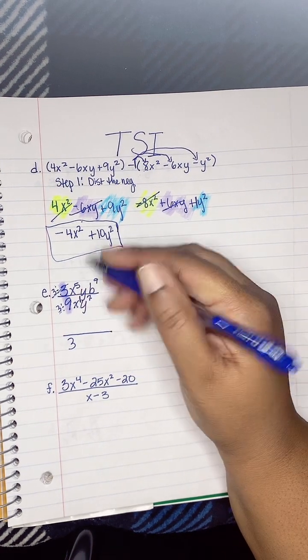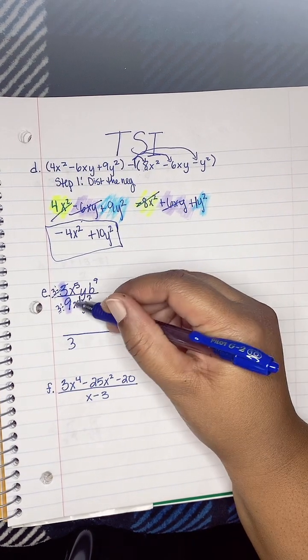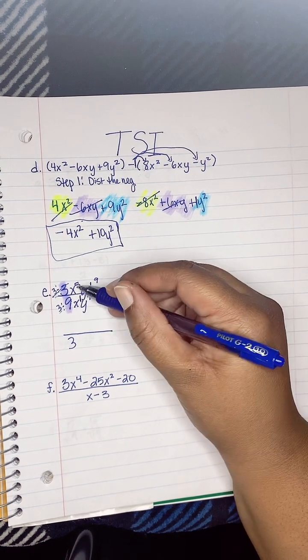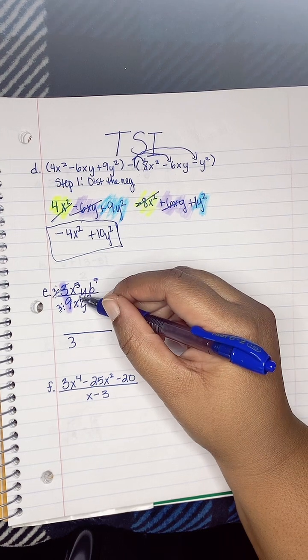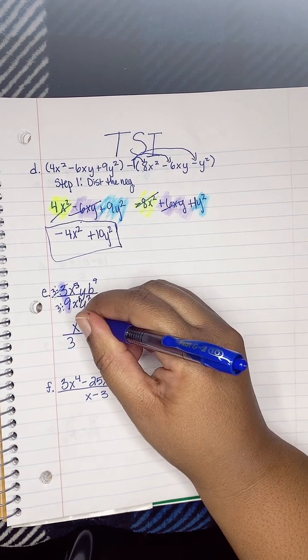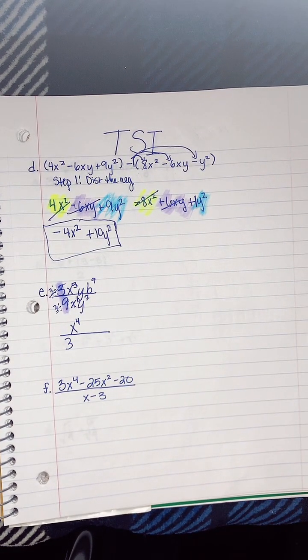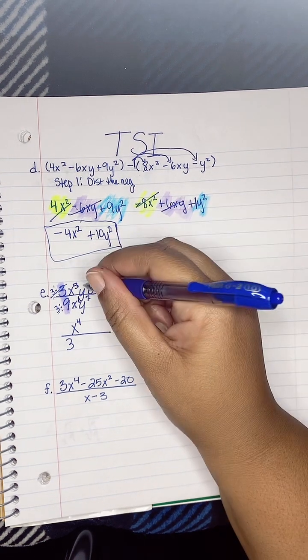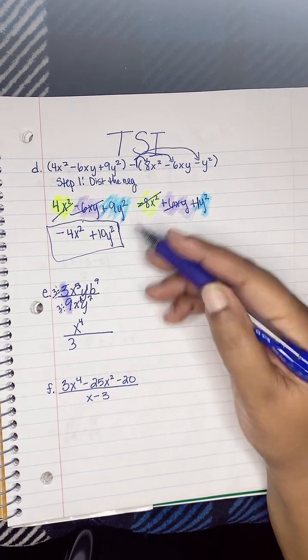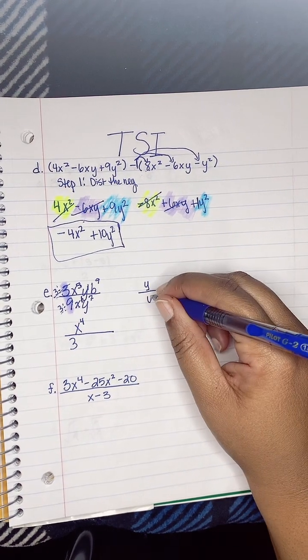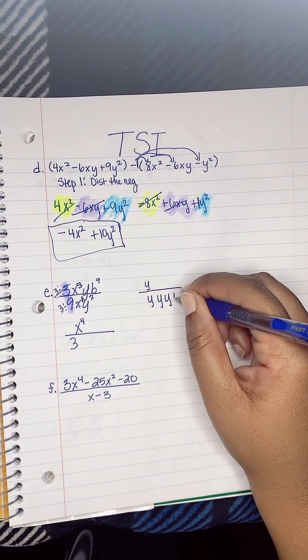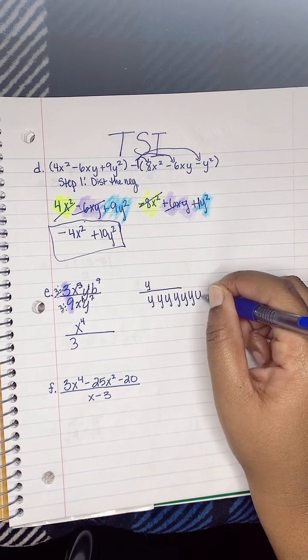Now you have to remember the rule here. Whenever you divide variables, which means letters, you're going to subtract the exponents. So 5 minus 1 gets us 4. Okay. Now let's talk about this one. We have 1 y on top and we have 7 y's on the bottom. 1, 2, 3, 4, 5, 6, 7.